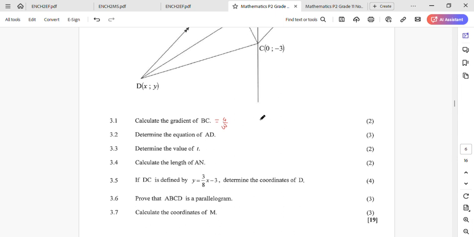So find the equation. This is the formula, mx plus c.